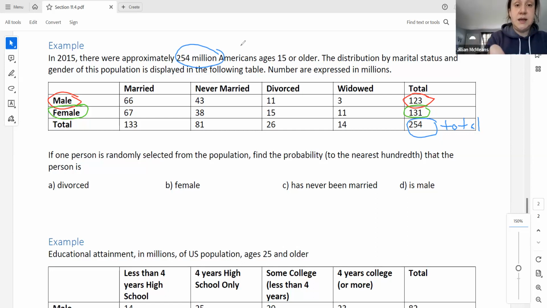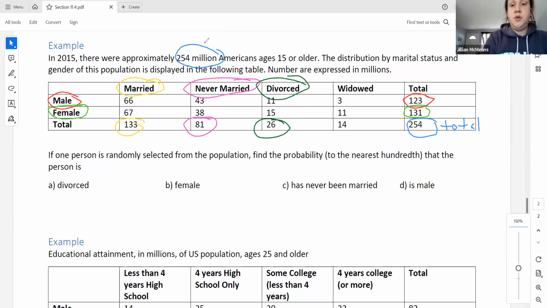Now, I'm kind of out of colors, but let's say yellow is married. There are 133 million people in this table that are married. Let's do pink. Never married. There are 81 million Americans in this age group that were never married at that point. We could do dark green, divorced. There were 26 million that were divorced.